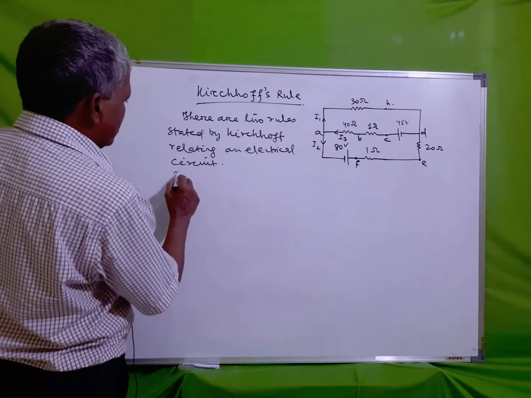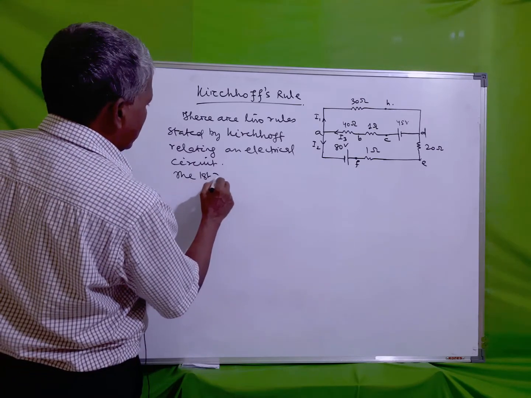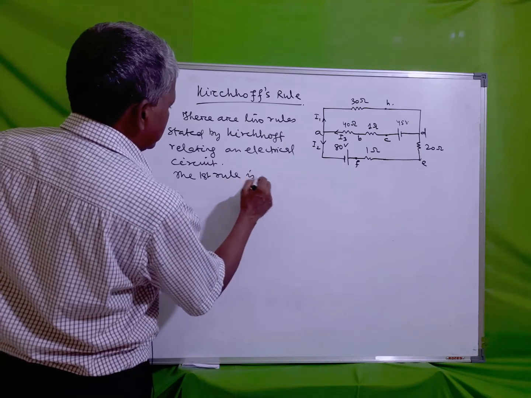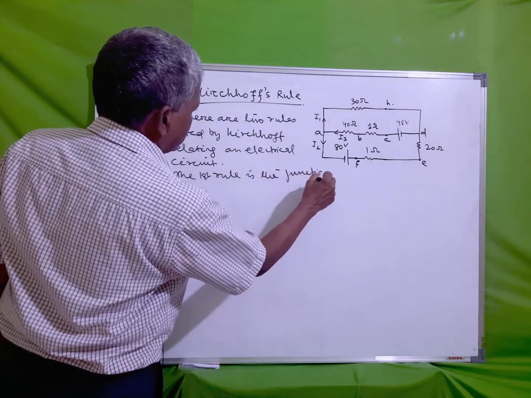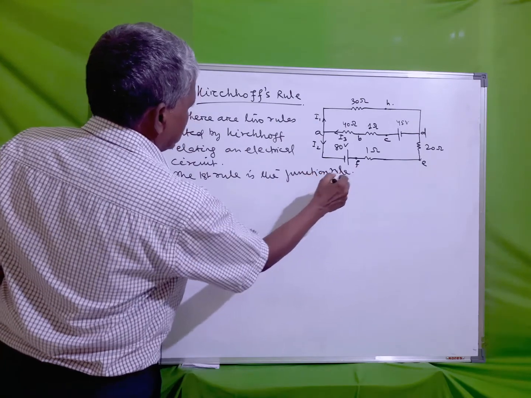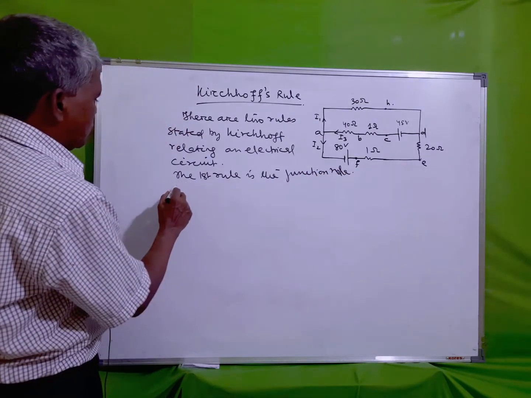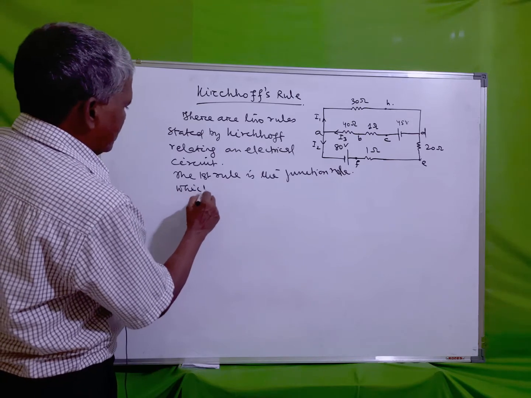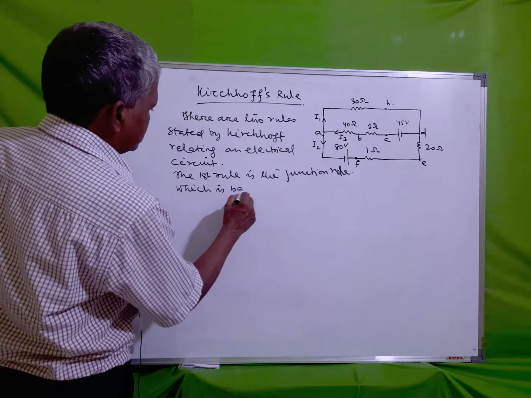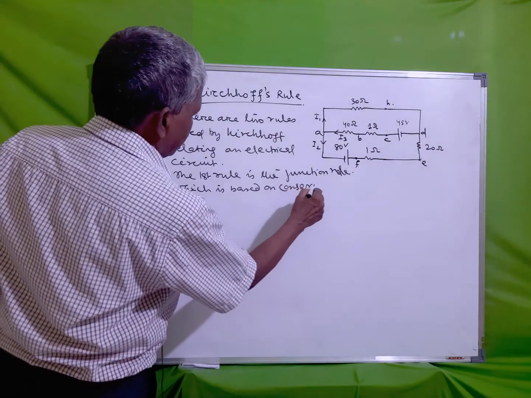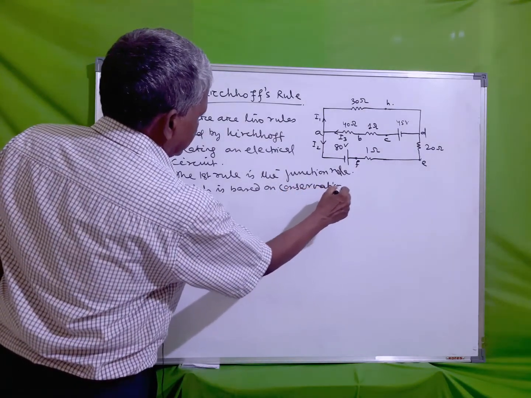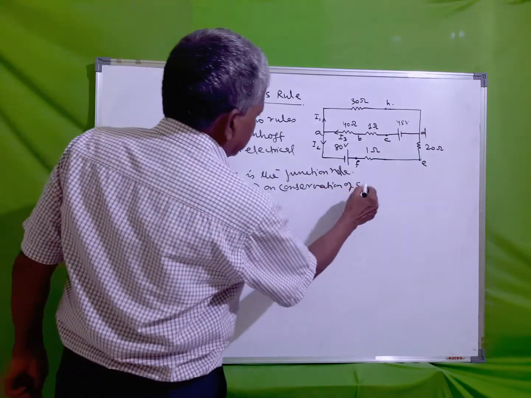The first rule is the junction rule, which is based on conservation of charge.